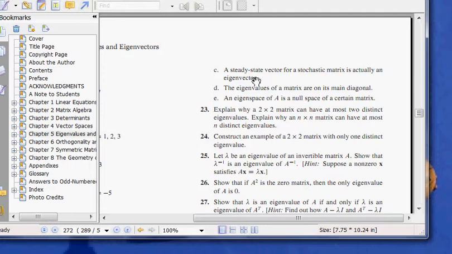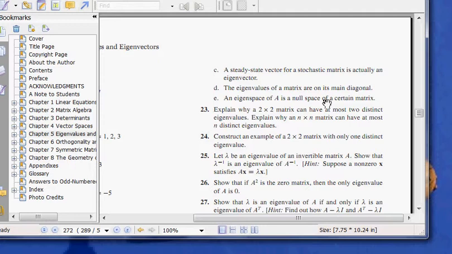The eigenvalues of a matrix are on its main diagonal. Is that true or false? There's a trick in here. This question did not say that the matrix was in reduced echelon form. If it's not in reduced echelon form, then this is not correct.